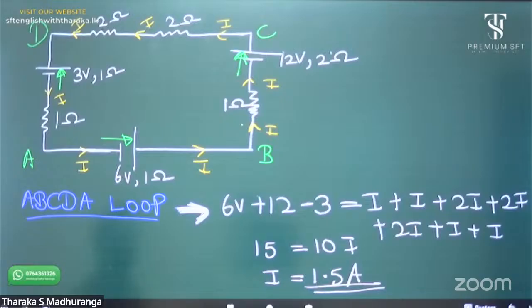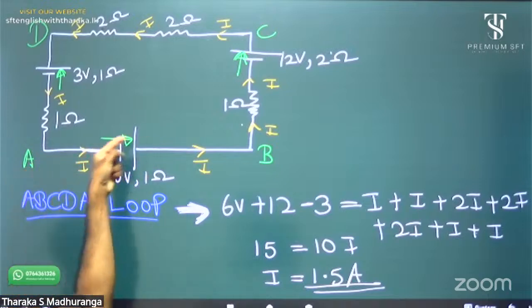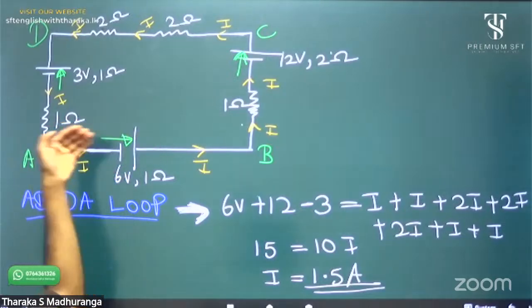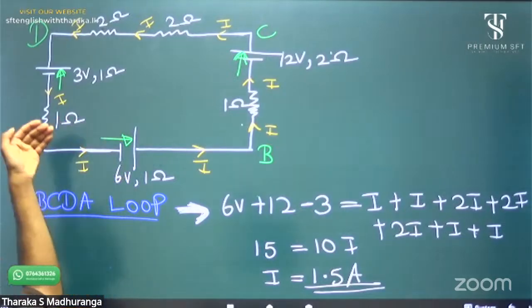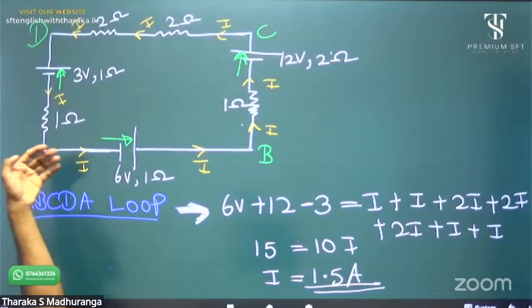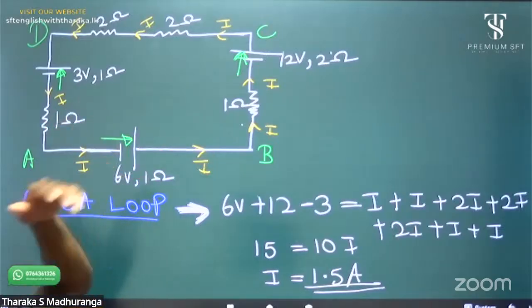Yes, not -6, no? My direction and electromotive force direction same. Our direction and arrow direction same, it is positive. Our direction and arrow direction opposite only, it is coming negative.